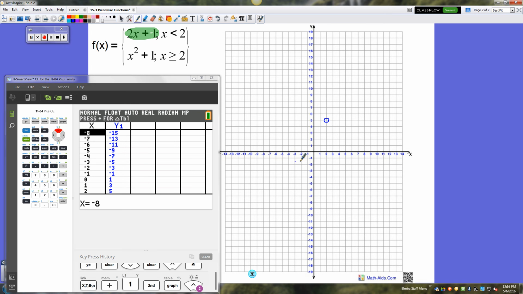So 1, 3. Let's make that a little bigger, easier on myself here. 0, 1. -1, -1. -2, -3, and I can kind of see this is a linear, it's going to follow a pattern here.